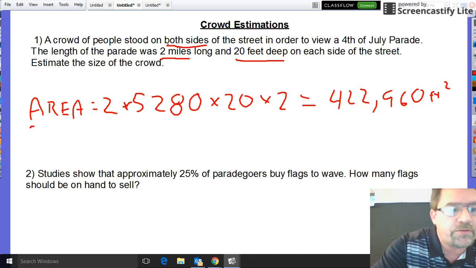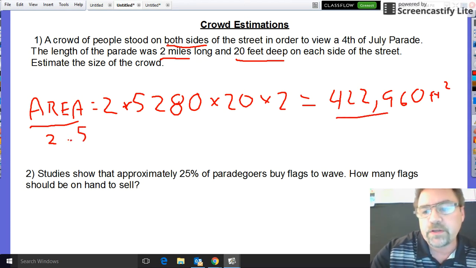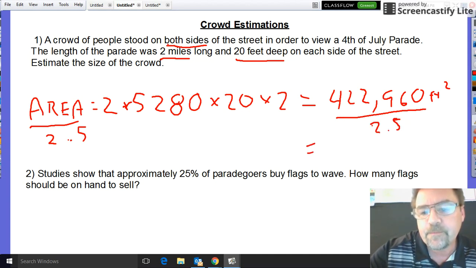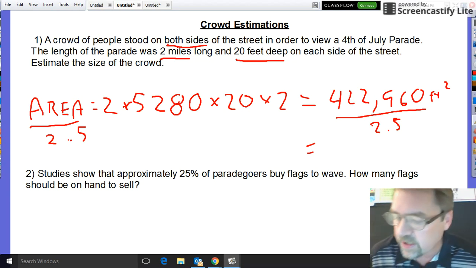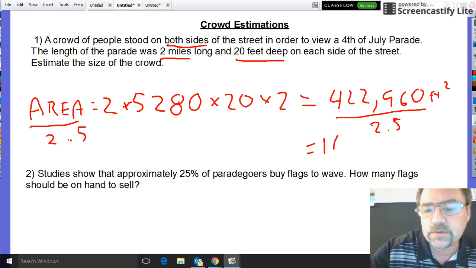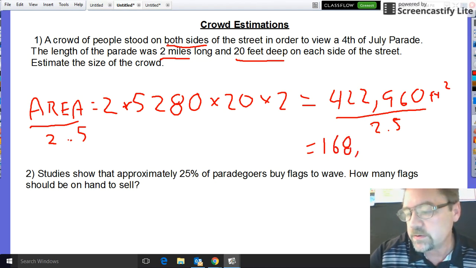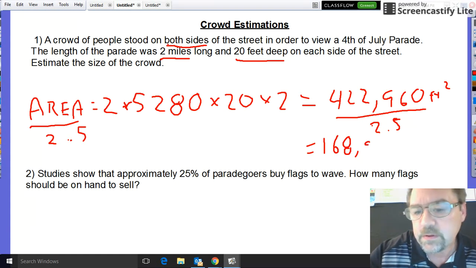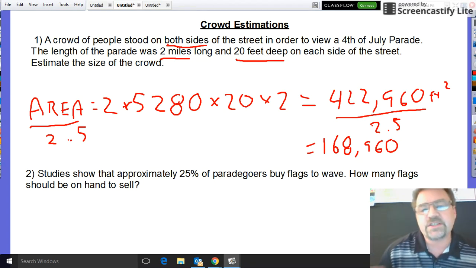And remember, our rule of thumb was we took the area and we divided it by 2.5. So we want to divide this by 2.5. And we get 168,000. Okay, and that's just a rough estimate.